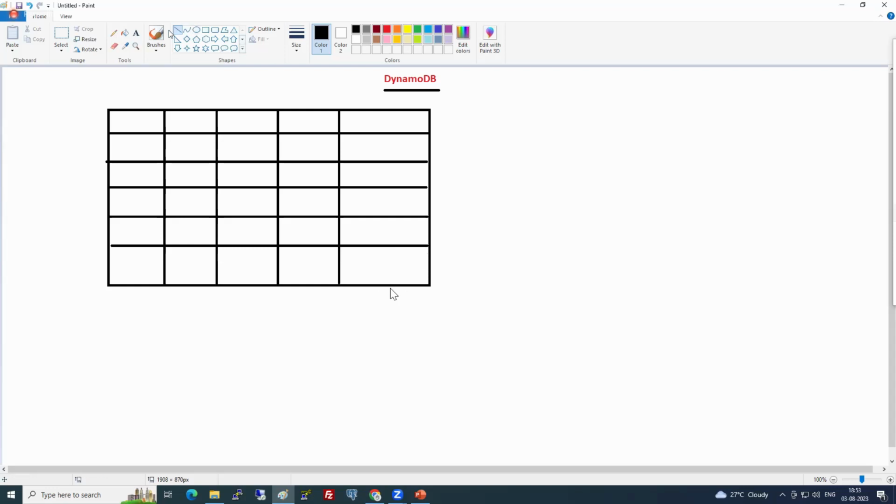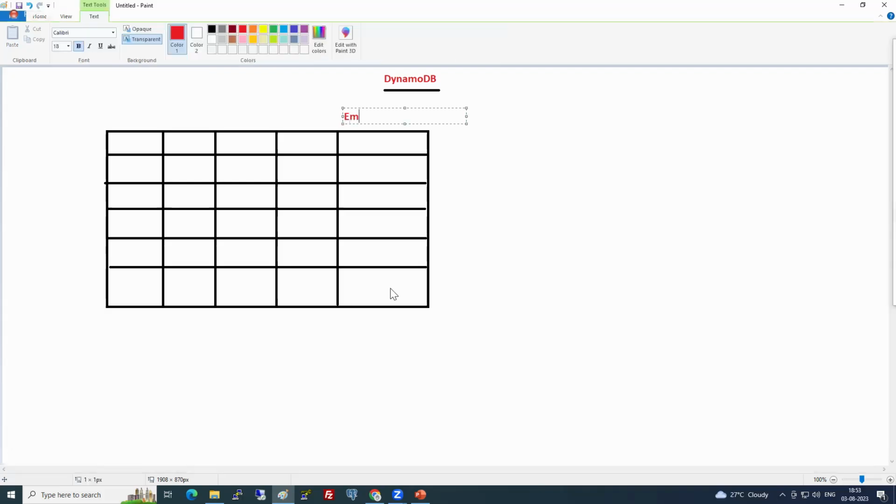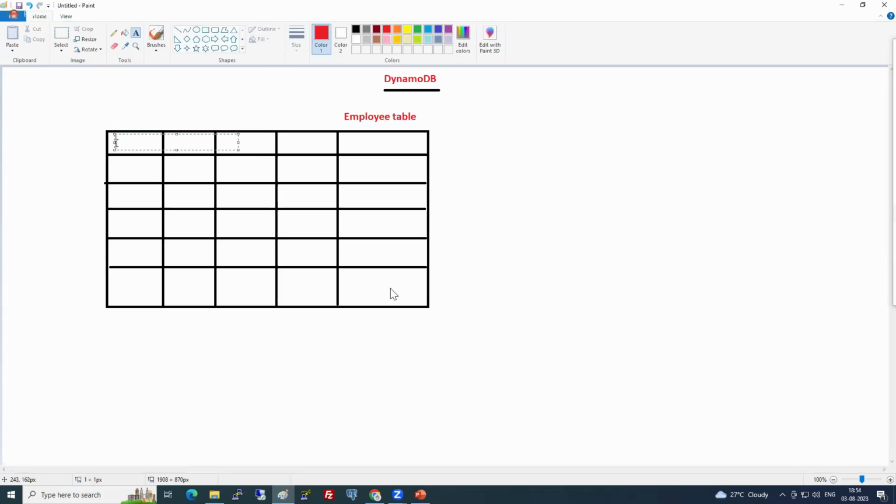Okay, this is the employee table, no? So what are the columns that the employee table contains?